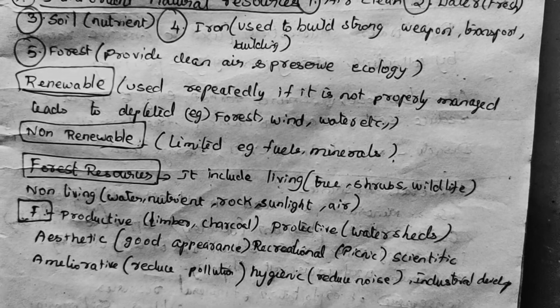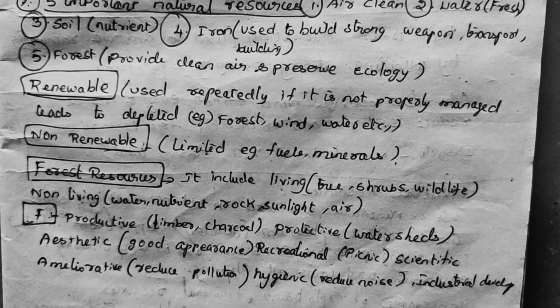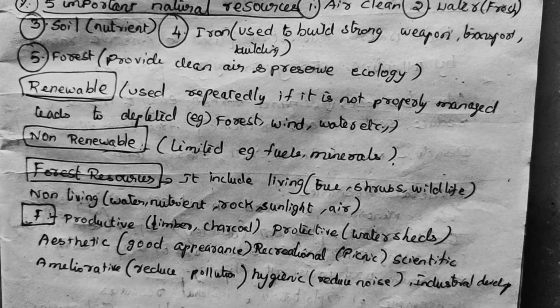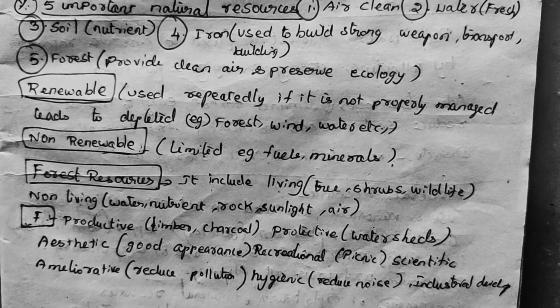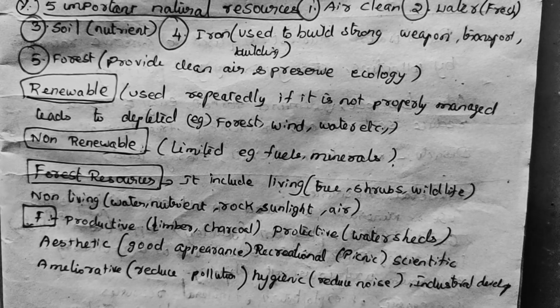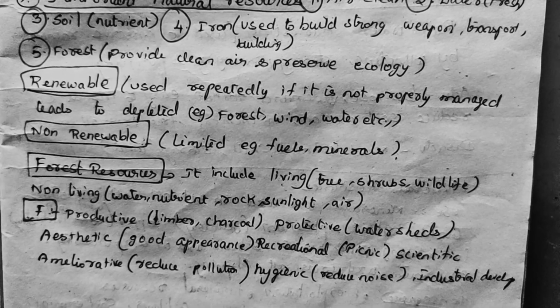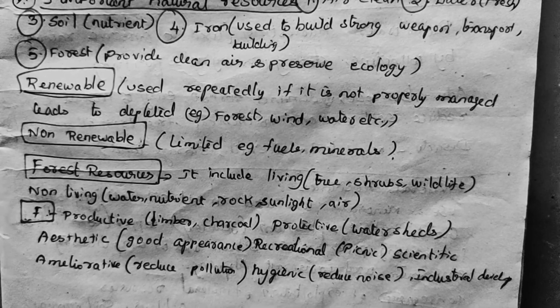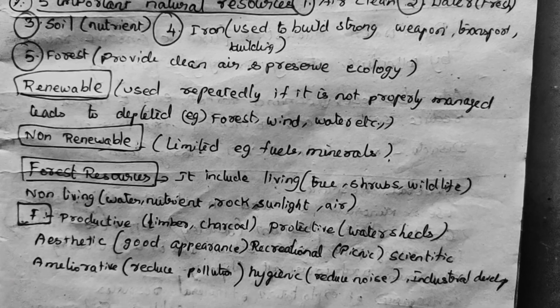So the forest resources include living things, that means tree, shrub, wildlife. And if you take non-living, you have water, nutrient, rocks, sunlight, air. And what are the functions? So first one is the productive, with timber, charcoal.